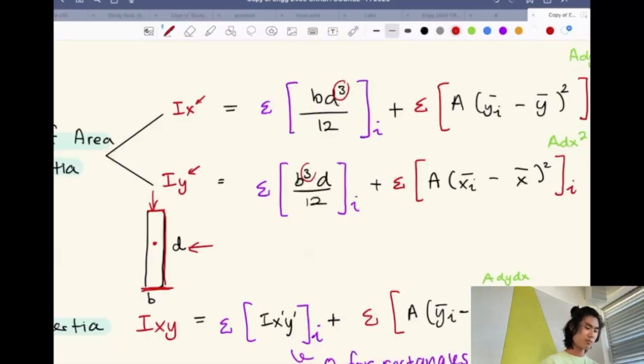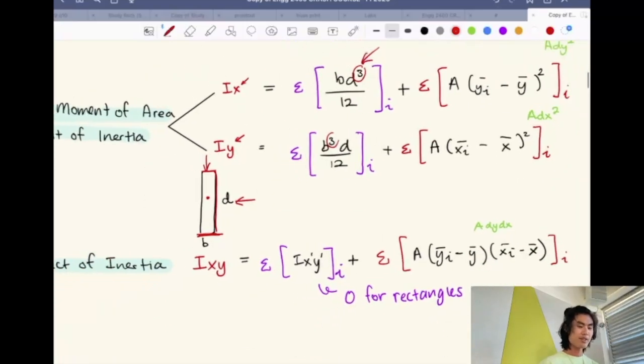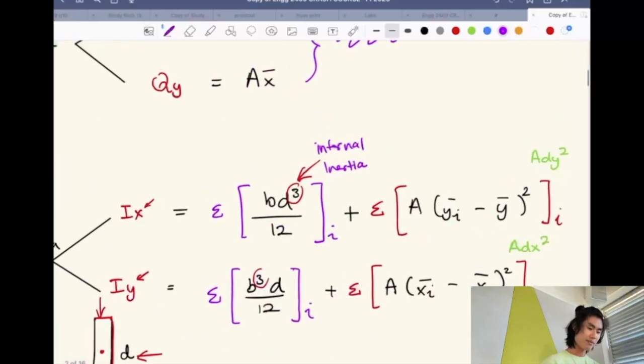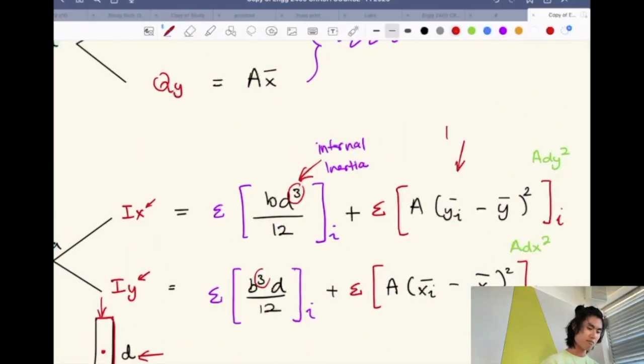So that's why you multiply it by itself 3 times, and then for the y-axis, it's the opposite way, so the breadth will be stronger. And then you divide it by 12. This is the internal moment of inertia. And this part here is called the parallel axis theorem.